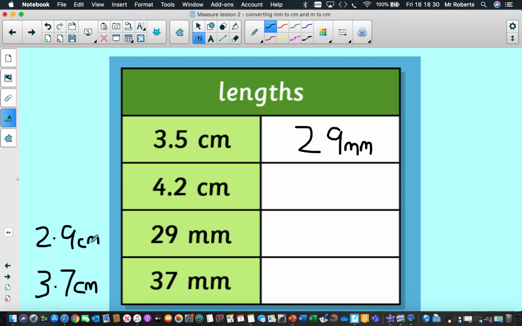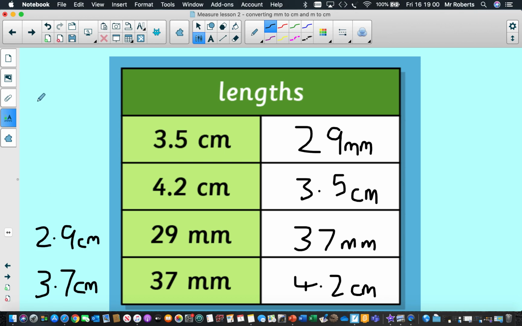Okay, then I'm looking at which one comes next, and that would be 3.5 centimetres. Wonderful, beautiful handwriting here on the screen. And then I'm going to have my 37 millimetres in here, and ending with my 4.2 centimetres in there.